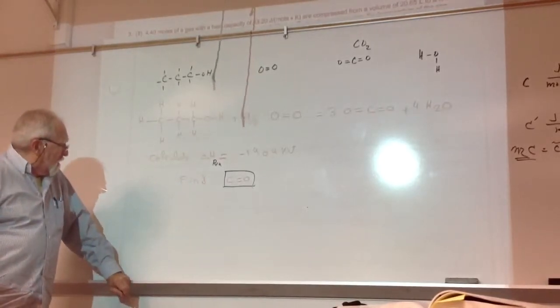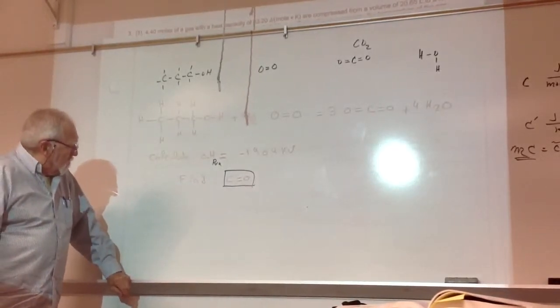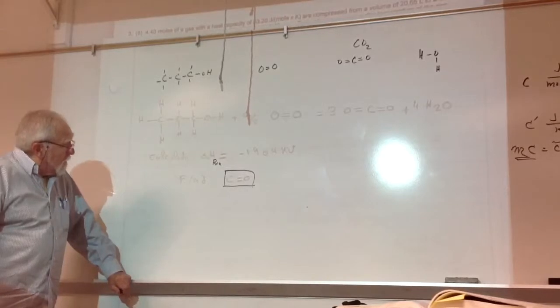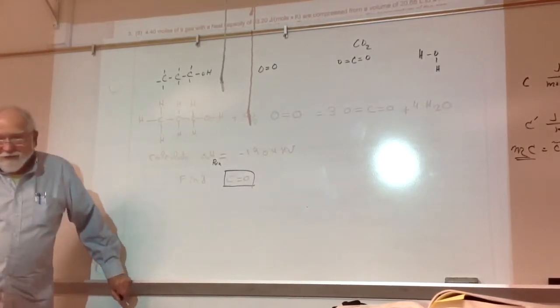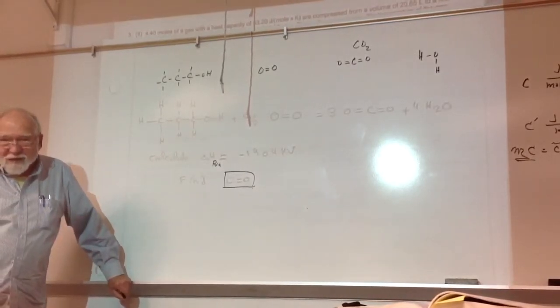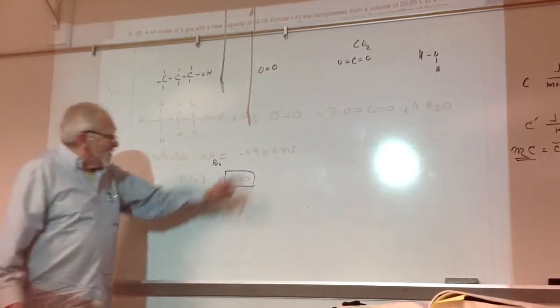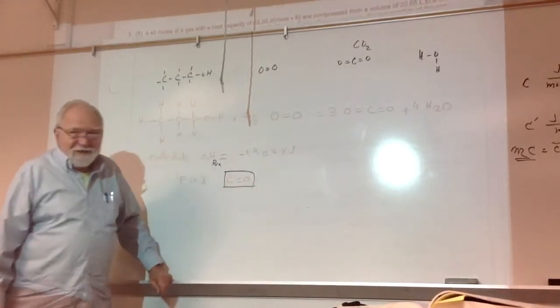And as I said, the way it was written, it gave you delta H, and it wanted you to find one of the bond energies. That means when you went to the table of bond energies that I put on the quiz, you couldn't find this bond energy.